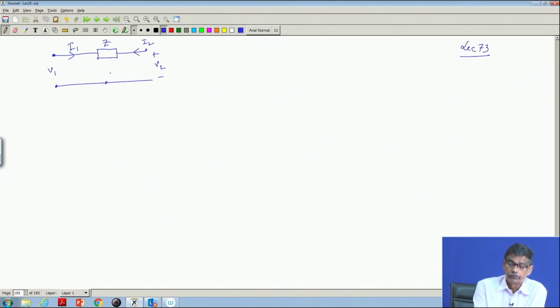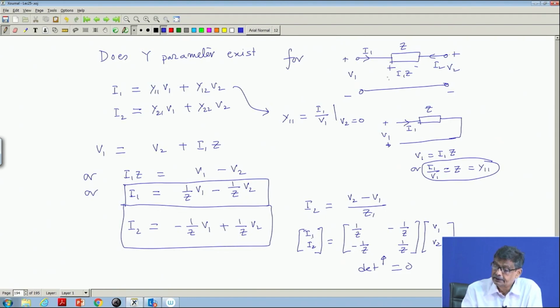This is how a two port network is defined, and for this network I found that y parameters exist. They can be easily found out. Because it is such a simple network, you can write down these equations and cast them in this form: I1 in terms of V1, V2, and I2 in terms of V1, V2.